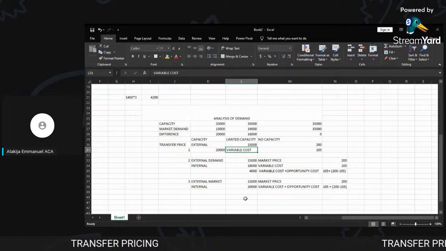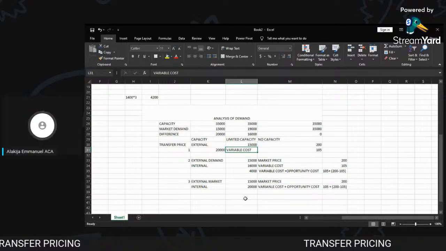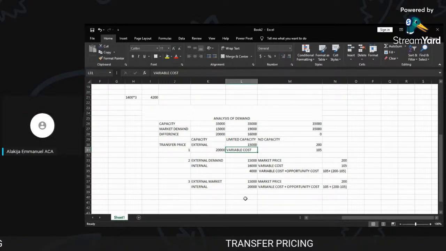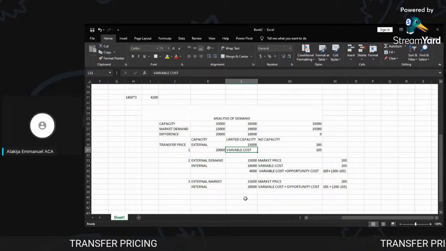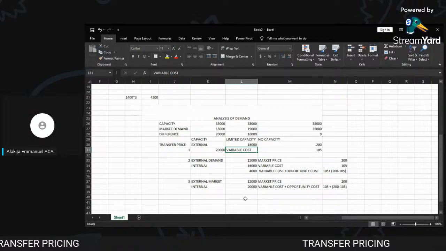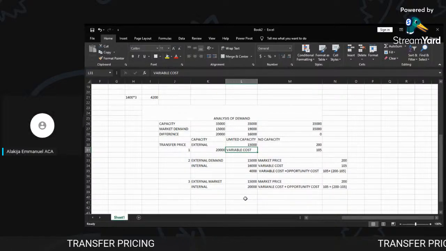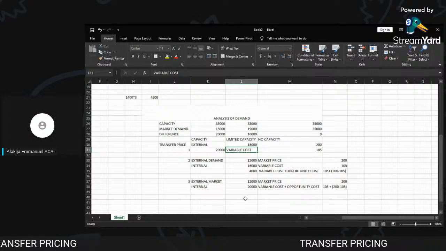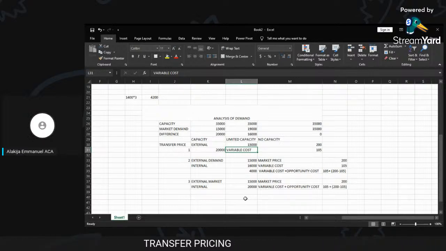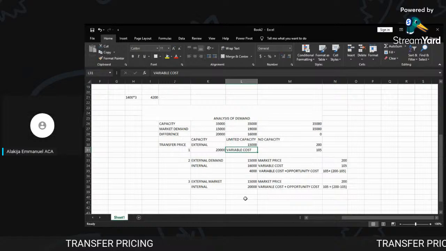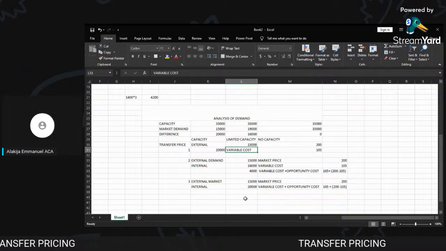The second one is that when external demand was 19,000, what I have capacity to give internal demand at variable cost is 16,000 units. And they said Y division must buy from X division, which simply means that we have to deprive the external market 4,000 units and give it to division Y. Giving it to division Y, we are going to incur opportunity cost.